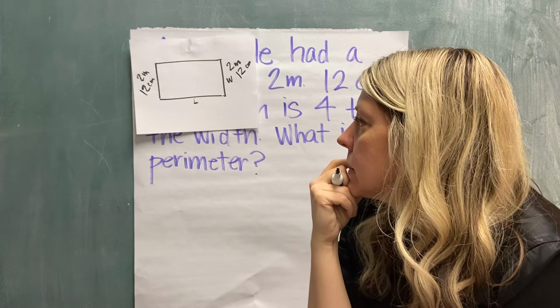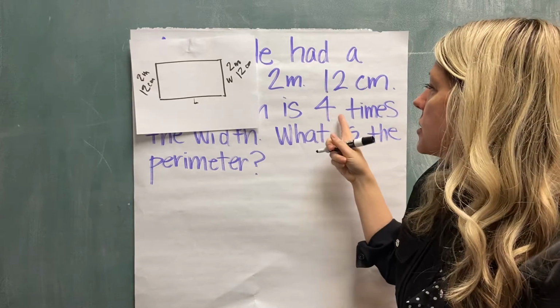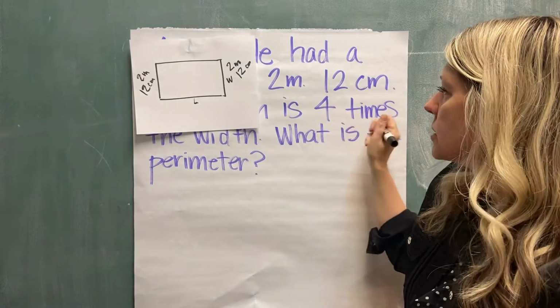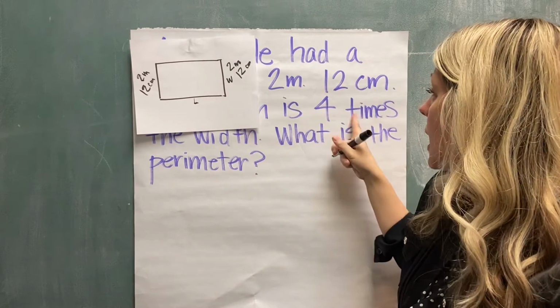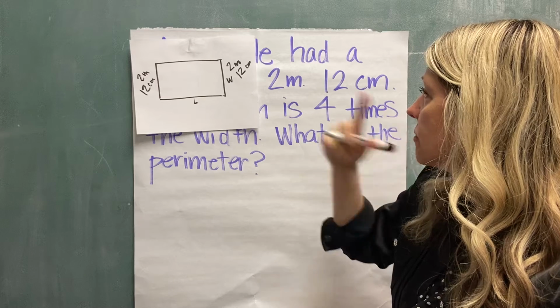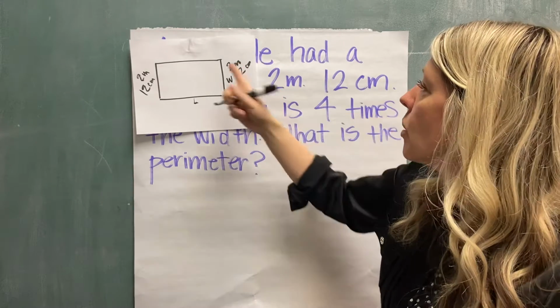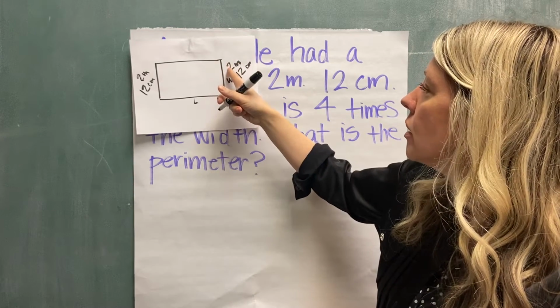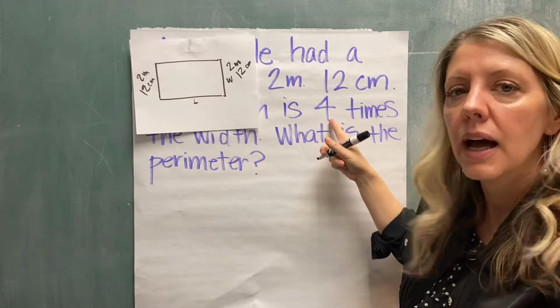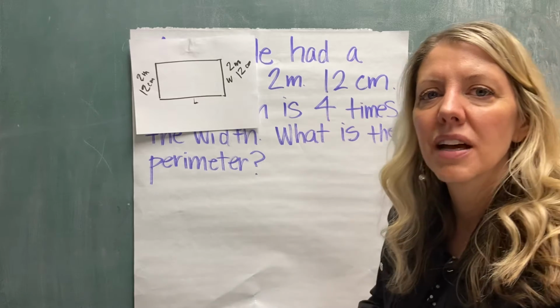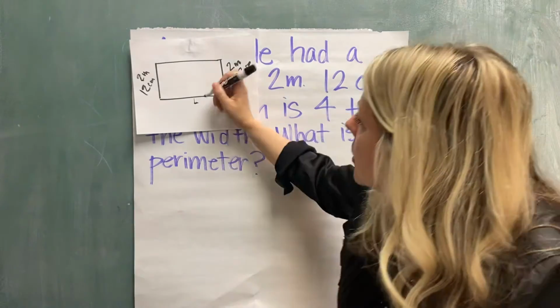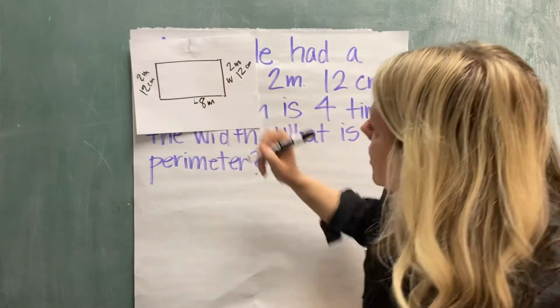All right, let's see. 4 times the width. 4 times. So what if I take 2 and I multiply it by 4? What is 2 times 4? 8. Okay, 8 meters.